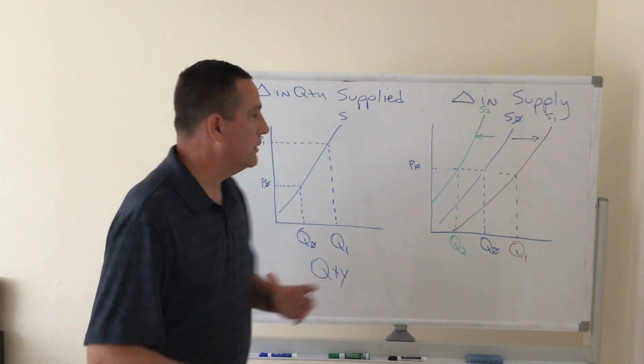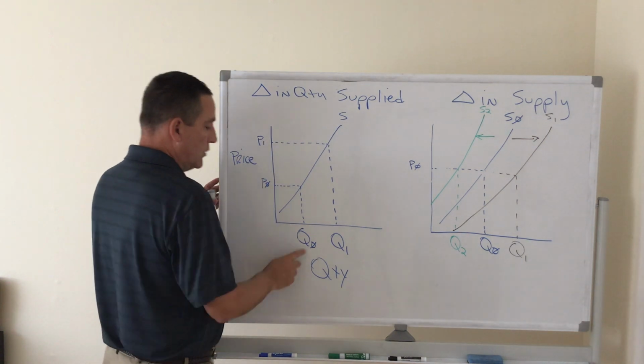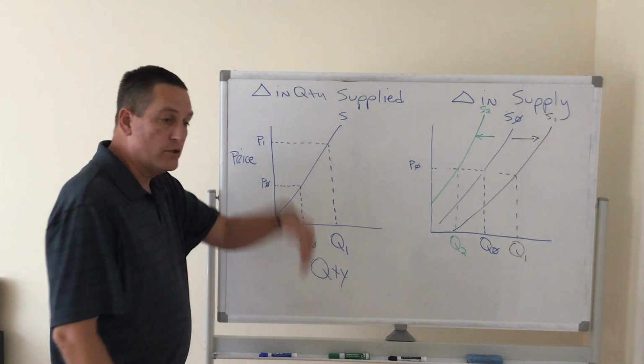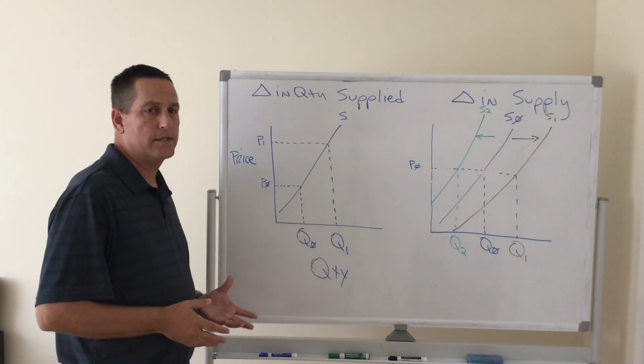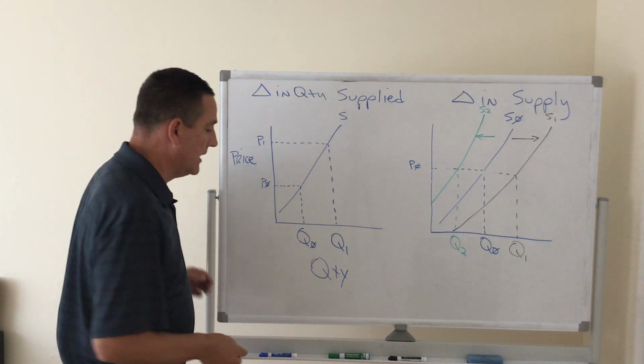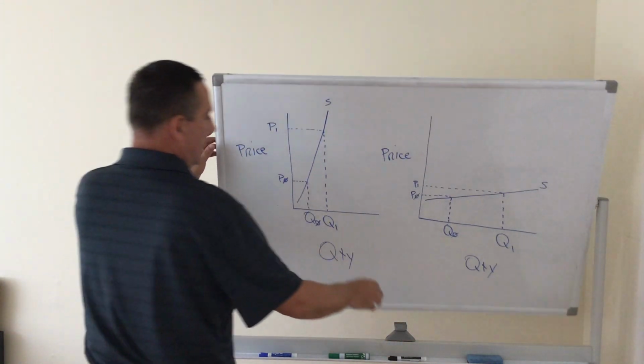All right. So we know the law of supply is true, right? When the price goes up, the quantity supplied will go up. When the price goes down, the quantity supplied will go down. Will it go down a little or a lot? Well, guess what we're going to talk about now? We're going to talk about the elasticity of supply.